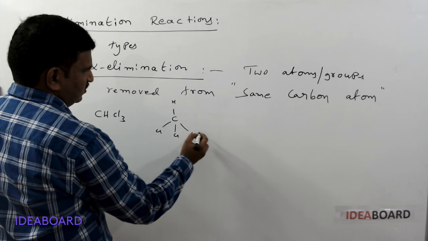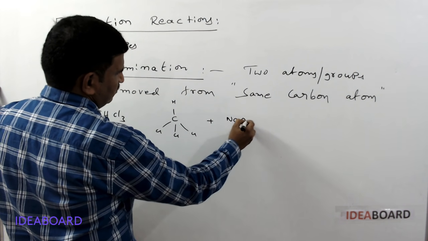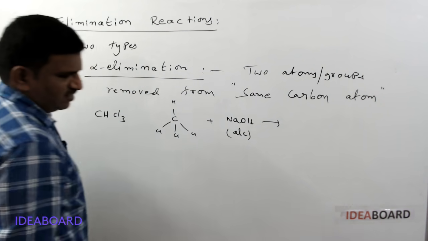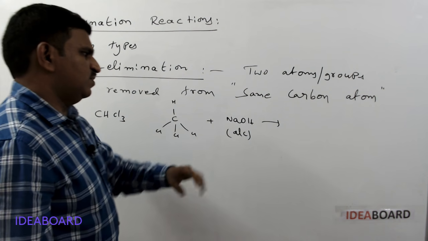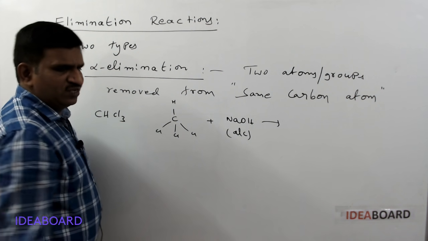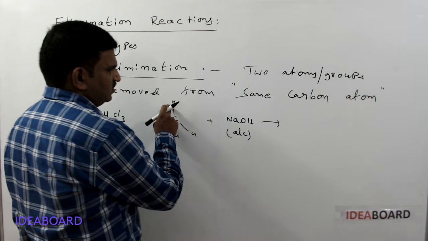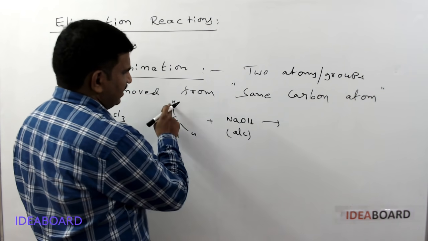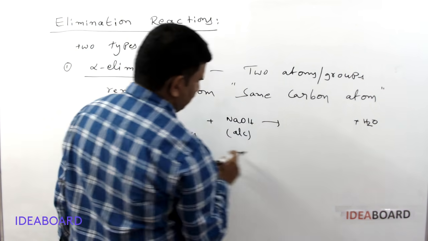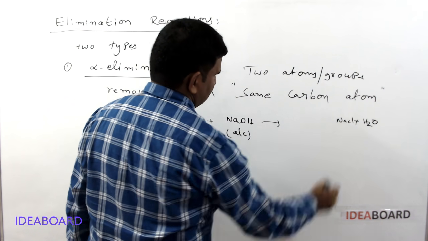So this is chloroform, and it is reacting with a base like NaOH. Alcoholic sodium hydroxide we are taking. Then what happens in this process is that hydrogen is eliminated and halogen is also eliminated, which are present on the same carbon. So one hydrogen plus OH group is eliminated as H2O, and one halogen plus Na is eliminated as NaCl.